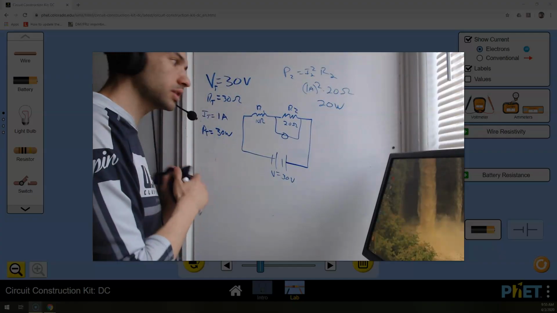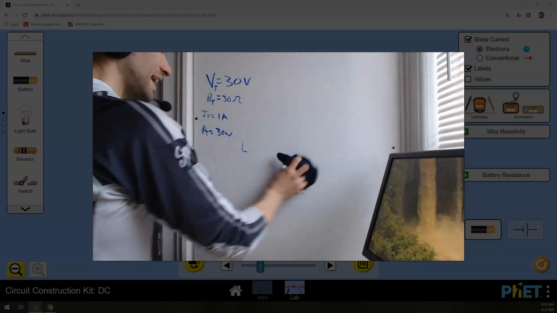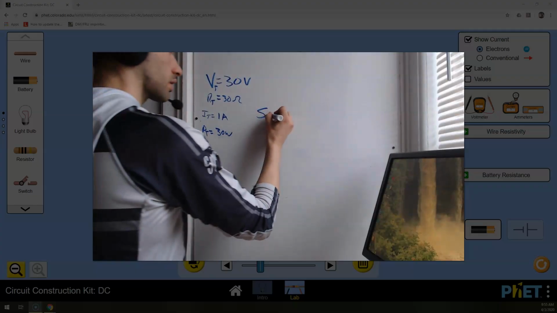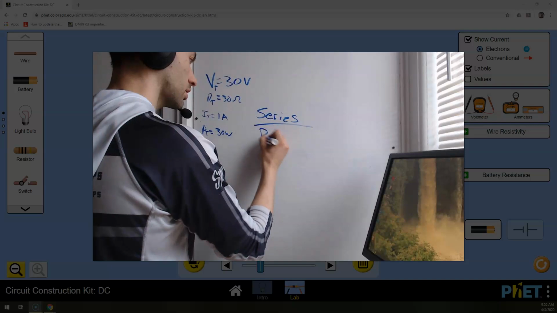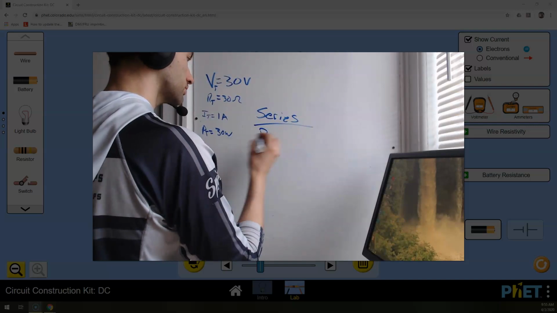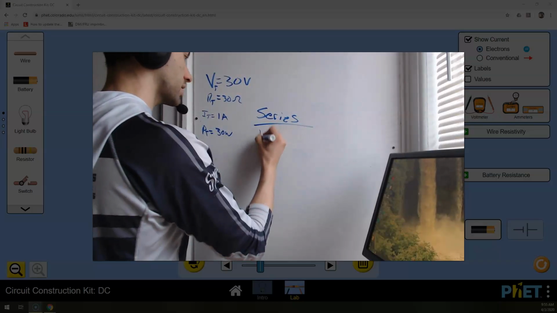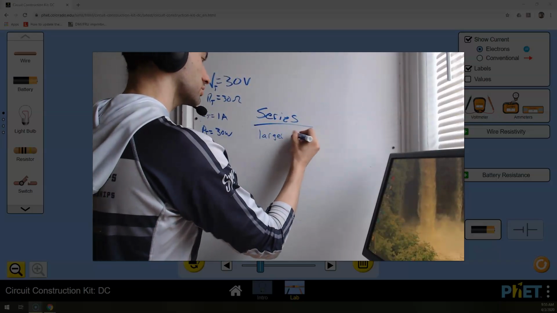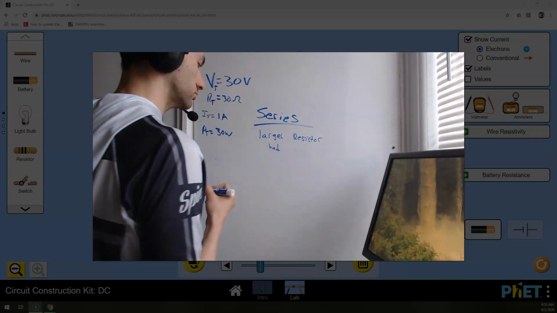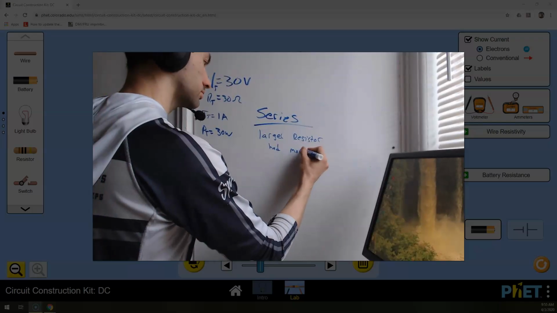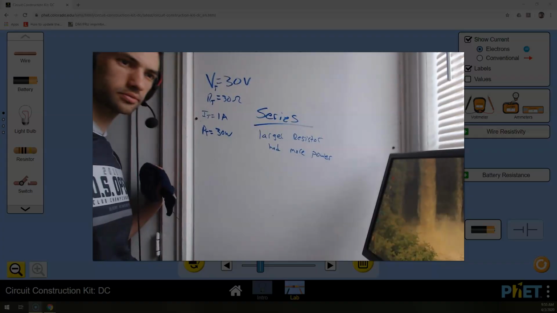All right, let's quickly look how this might be different. So in a series circuit, the larger resistor had more power, okay?